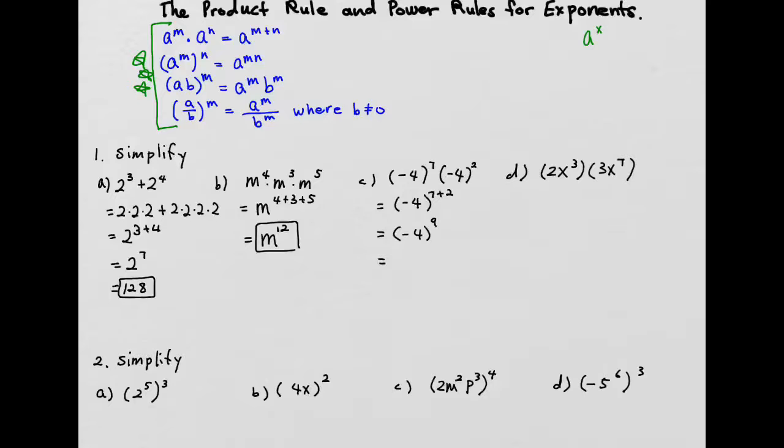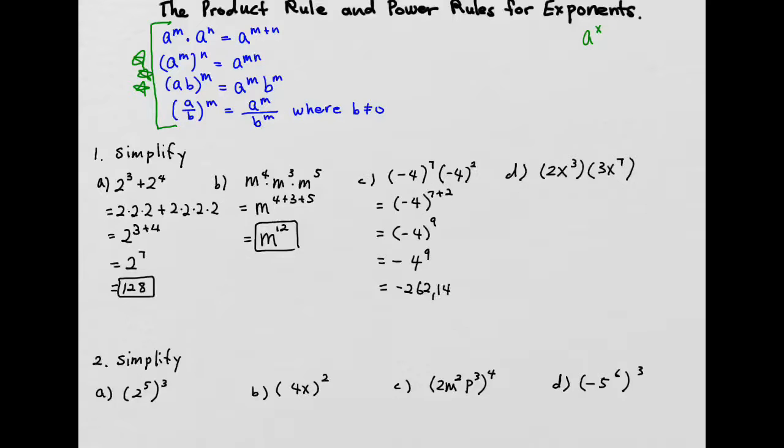If you multiply the same number an odd number of times, your negative is going to carry over. You cannot get rid of the negative when you're multiplying the same number an odd number of times. And if you want to, you can just leave it as negative 4 to the 9th exponent, or if you have a calculator, input 4 to the 9th exponent, you end up getting 262,144. So you can leave your solution as that or this.